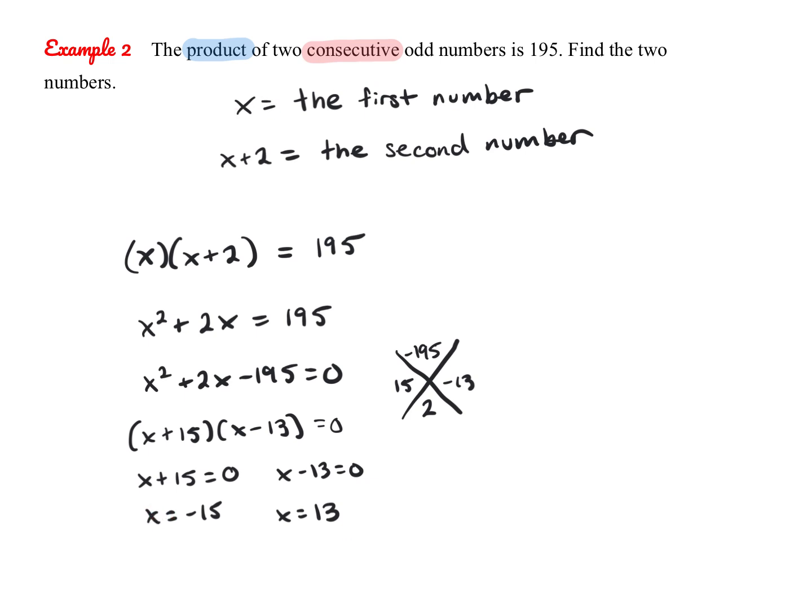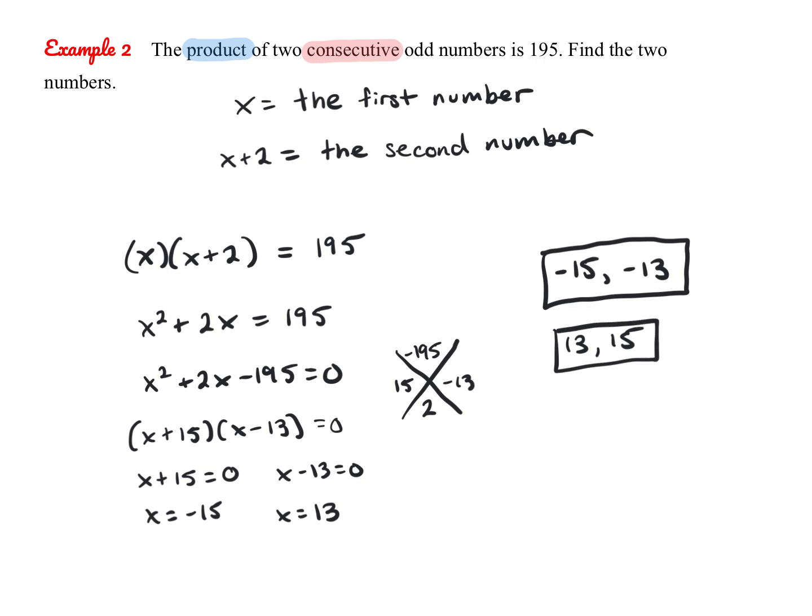So one set of numbers that could work would be negative 15, and the next consecutive odd number is actually negative 13. And you can check, if you multiply those two numbers, it does equal positive 195. And the second set of numbers, well, the first number could be 13, and the next consecutive odd number would be 15. So it'd be positive 13 and positive 15.